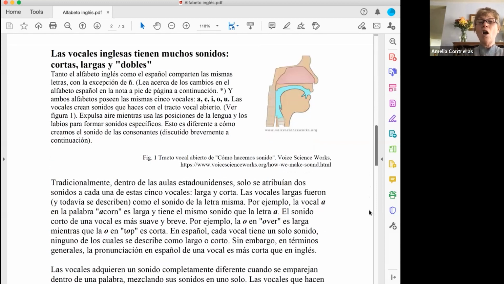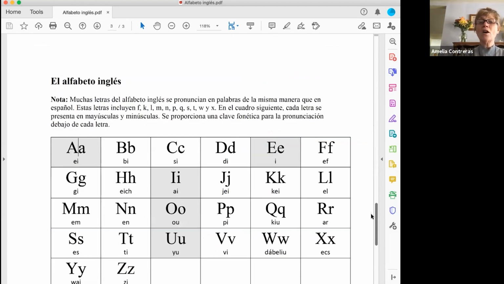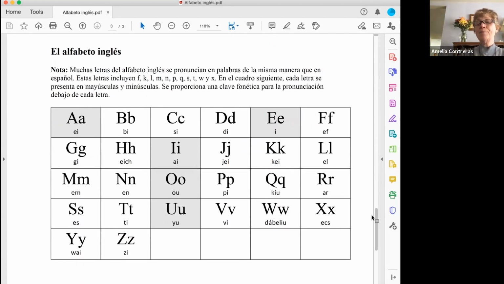Consonants, on the other hand, are consonants because you create an obstruction in expressing the sound. For instance, B is a consonant.